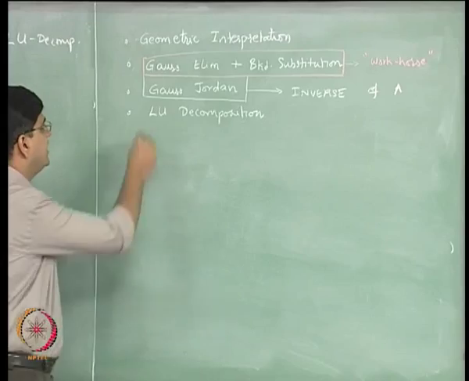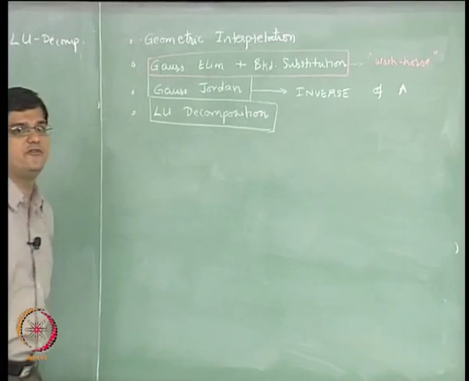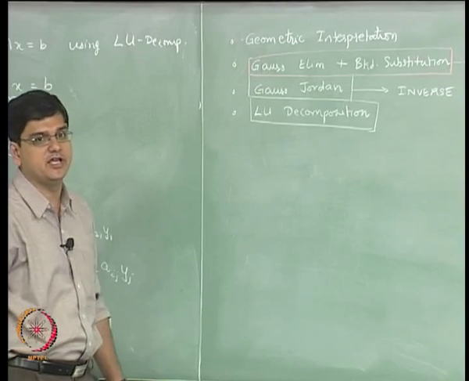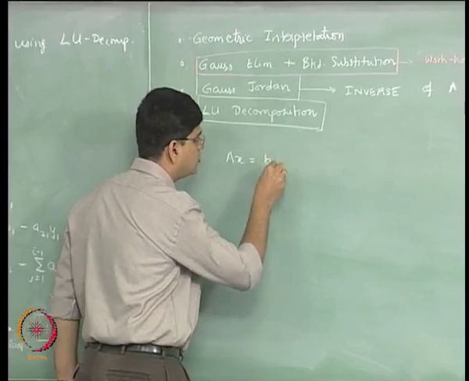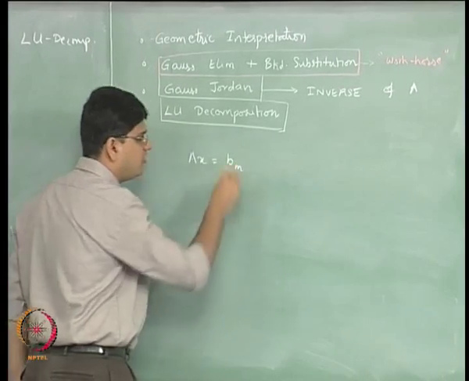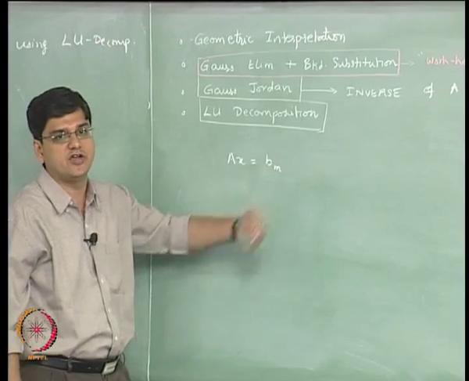And finally, the LU decomposition method is useful when we have to solve repetitively equations of the form Ax equal to B, where the B keeps changing with every iteration.